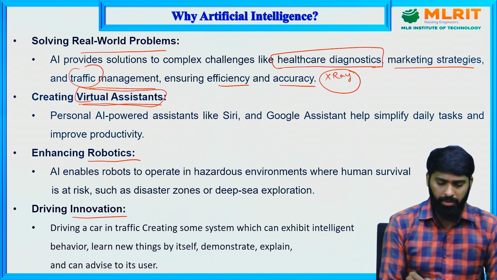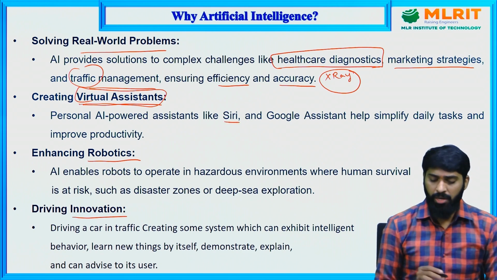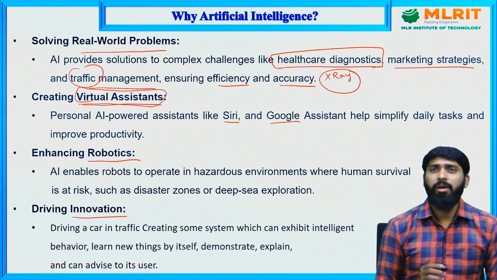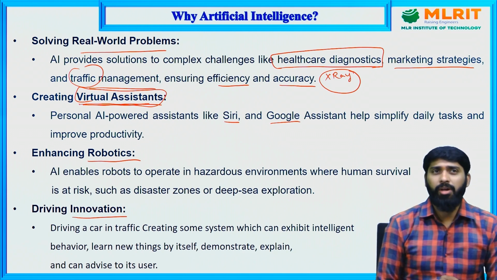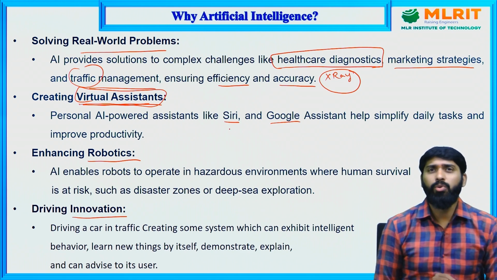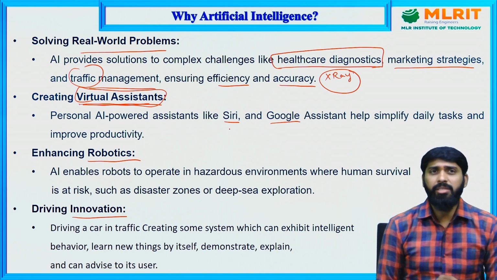For example, Siri, Google Assistant and Amazon Alexa are all virtual assistants. Personal AI-powered assistants like Siri and Google Assistant help simplify daily tasks and improve productivity. Next, enhancing robotics.